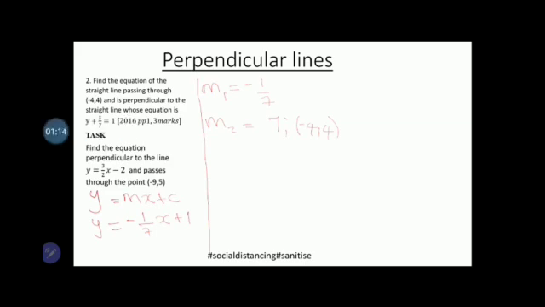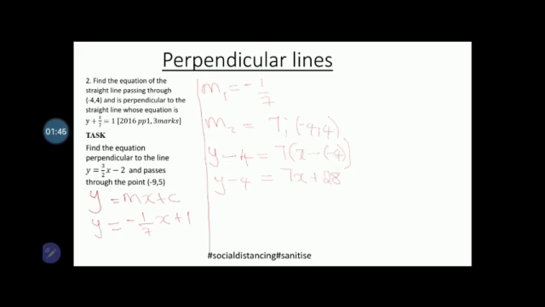So using our one-point formula, we'll get the equation of this second line with the gradient 7 and passing through this point. So we're going to have y minus our y1, which is 4, is equal to 7 times x minus our x1, which is -4. Simplifying that one, we have y minus 4 is equal to 7x plus 28.